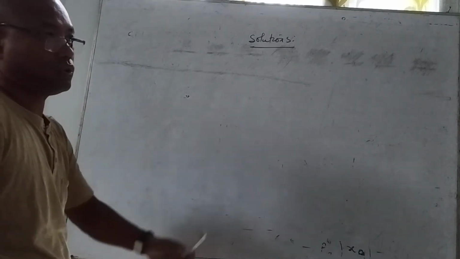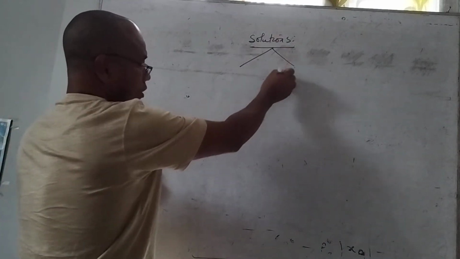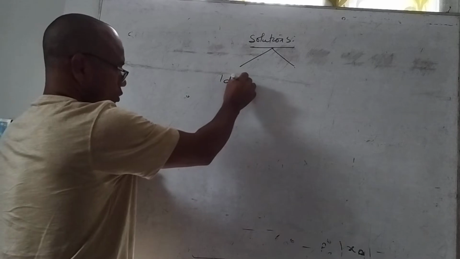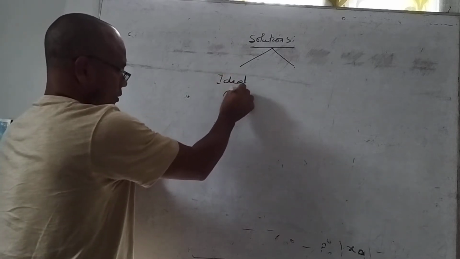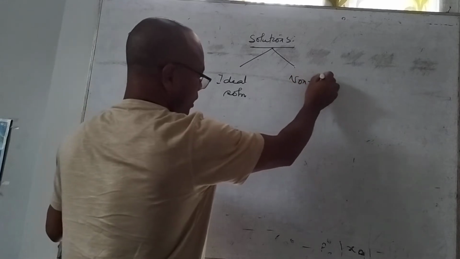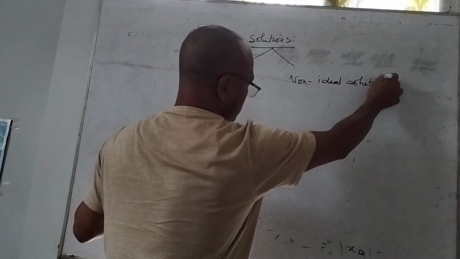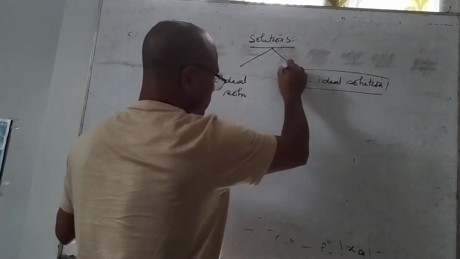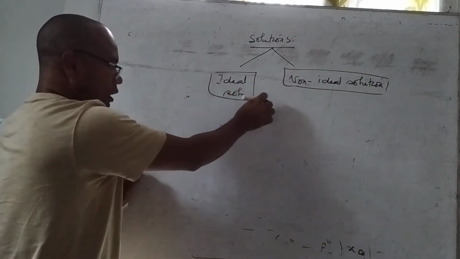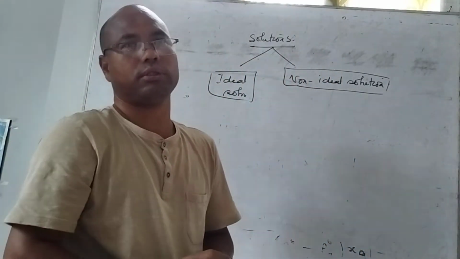In our solutions we have two different types: one is the ideal solution, another is the non-ideal solution, right? So the question is, what are ideal solutions and what are non-ideal solutions?